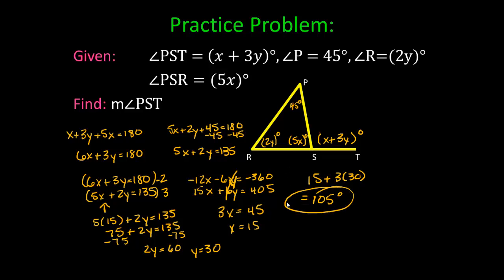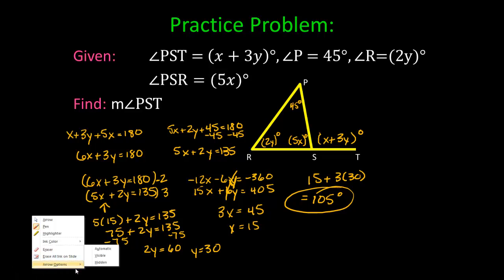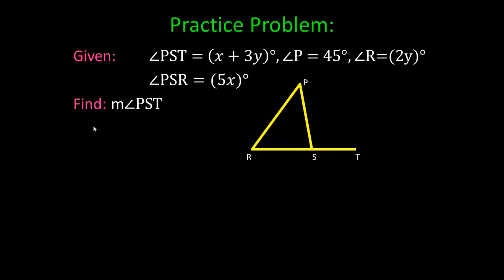Okay, now like I said, that's one way to do it. The other way, you would do the first step the same. I'm going to erase all the ink on the slide here for a second, so if you need to copy it down, pause it. The other thing is, we still have that PST is x plus 3y plus PSR, which is 5x, equals 180. So you have 6x plus 3y equals 180.